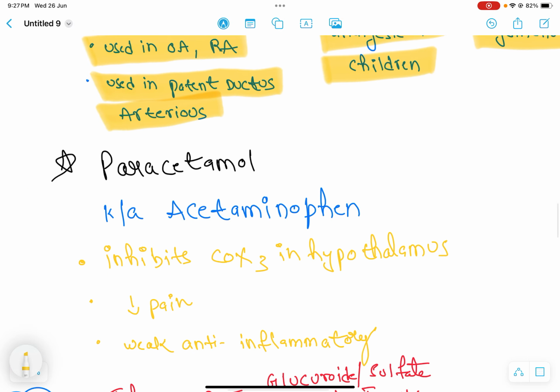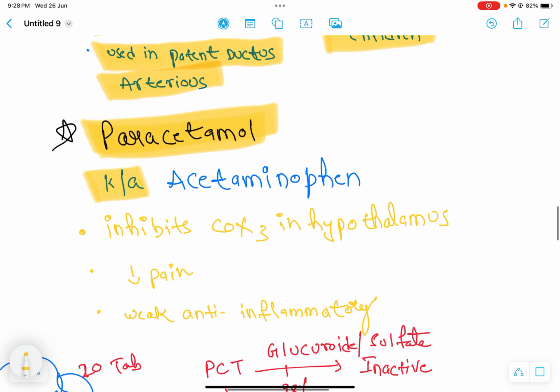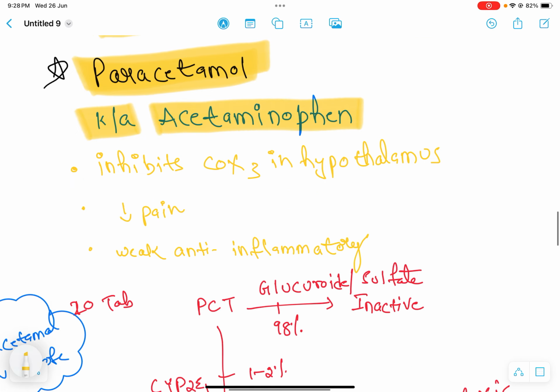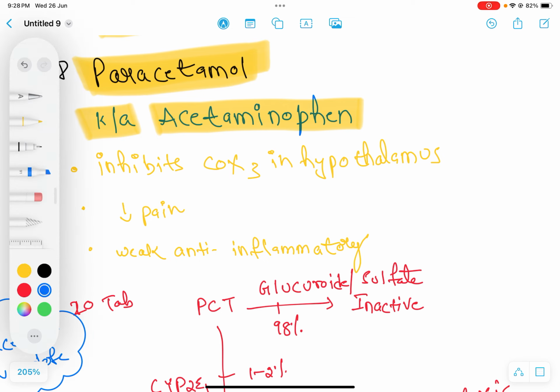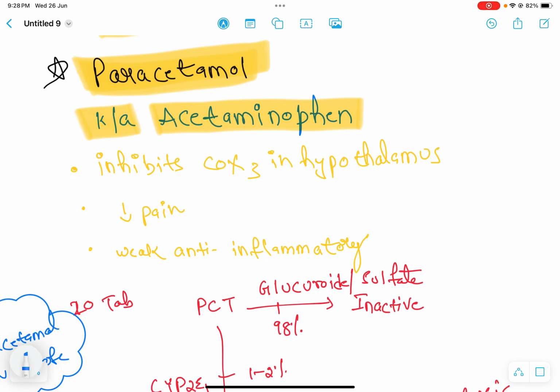Next, the super drug, that is paracetamol. Paracetamol is also called acetaminophen. This paracetamol will inhibit a special pathway called the COX3 pathway, which is in the hypothalamus.